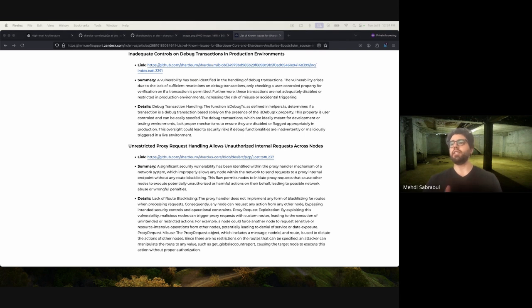The other is active node versus standby node, or even a node outside of the standby list. Only active nodes should be allowed to send certain transactions, and nodes expect and will check that certain transactions only come from a node in the active node list. If the network in general processes transactions or votes from nodes outside of the active list, then that's a problem, and that's probably a bug that can be paid out.